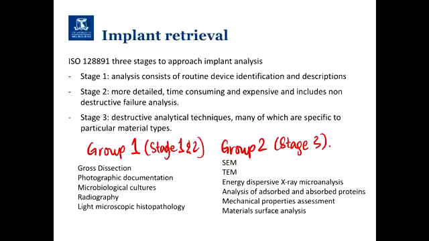So sometimes it is just as important to work out what has gone wrong with a device, and the information that gives you for the next iteration of the device. The only way that you can find out is by doing the tests once it has been explanted.